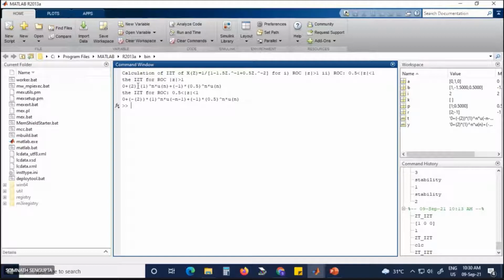The inverse Z transform for ROC mod z greater than 1 is 2 into 1 to the power n u[n] minus 1 into 0.5 to the power n u[n].